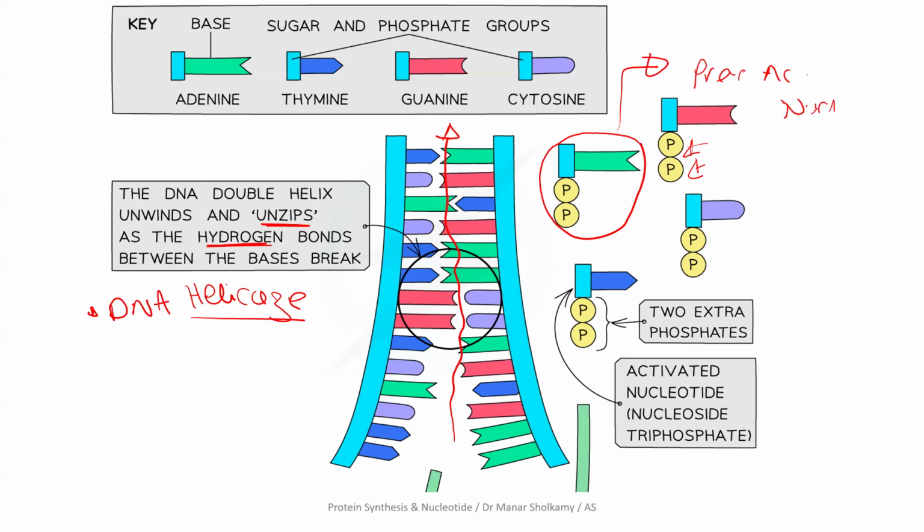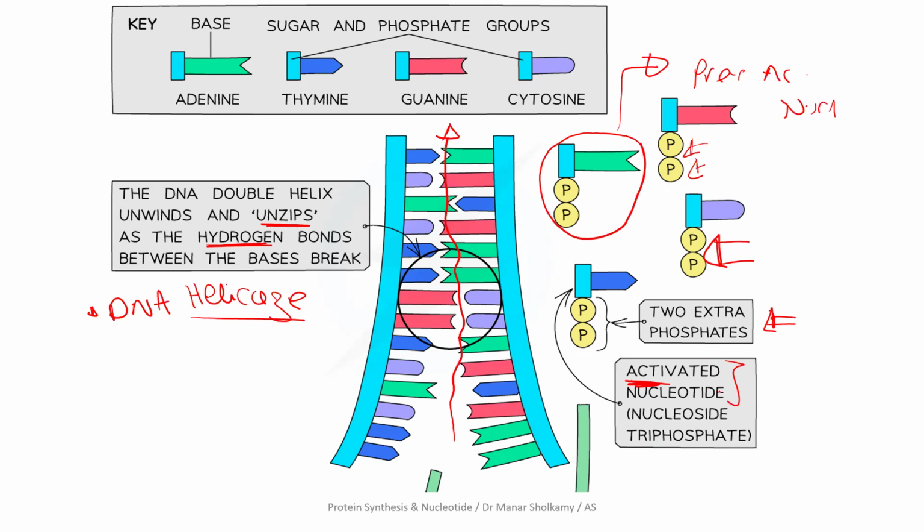And how did I know, Maryam, that they are activated? What do they have extra? Your mic is not very efficient, but I think you said two extra phosphates. These two extra phosphates will make them activated. They have another name, triphosphate, but free activated nucleotide is an easier name.